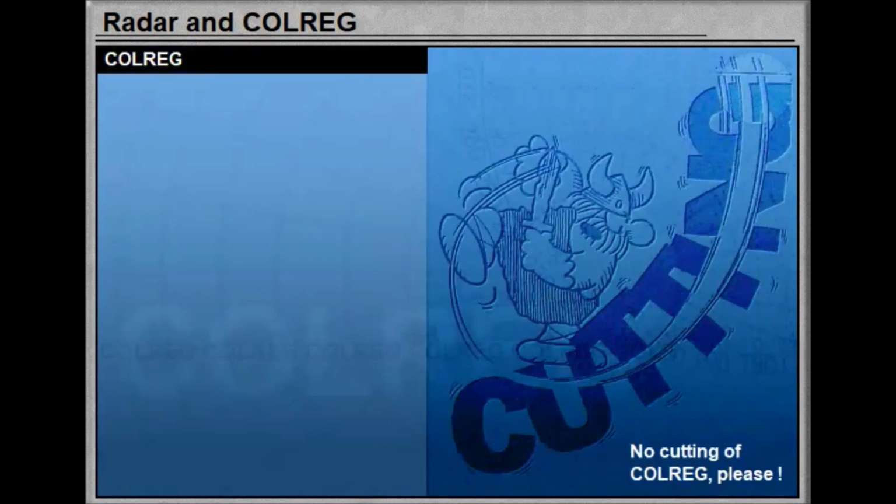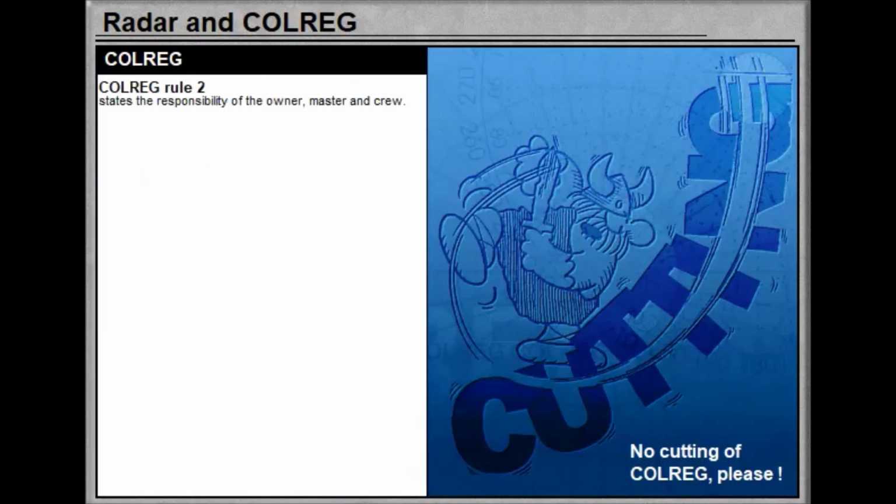Here is an overview of the COLREG rules, which is relevant in connection with radar traffic surveillance during reduced visibility. COLREG Rule 2 states the responsibility of the owner, master and crew. COLREG Rule 4 states steering and sailing rules to be used in any condition of visibility.